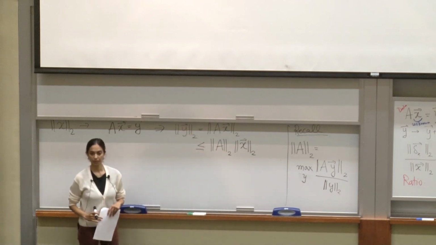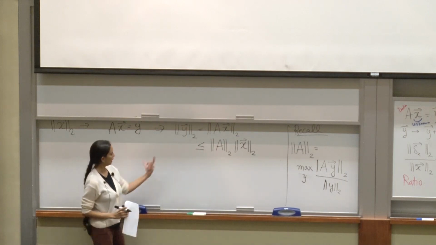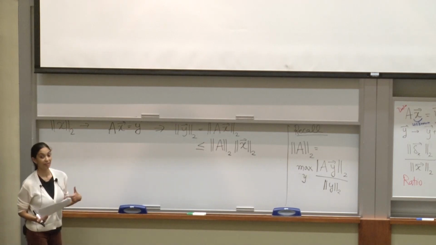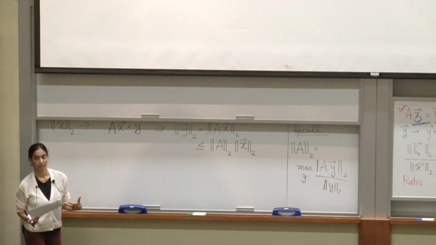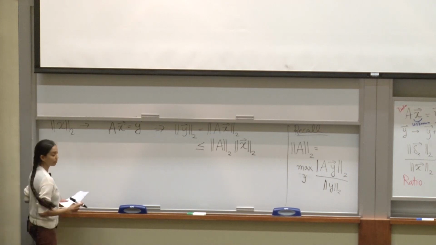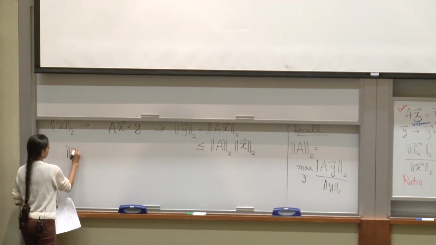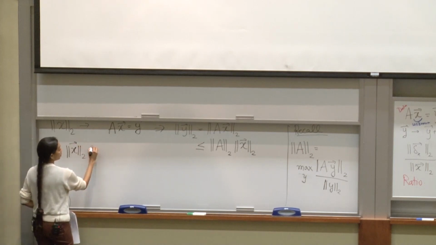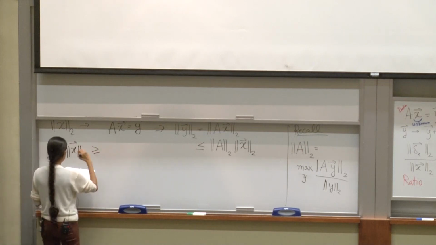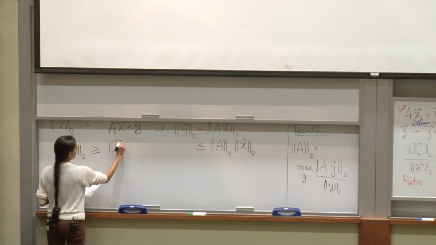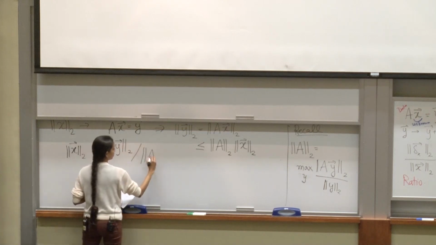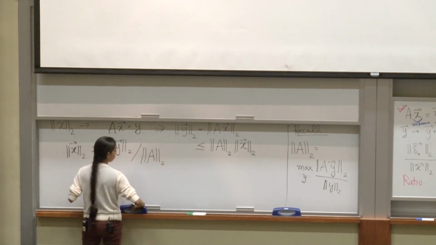Does this give me an upper bound or a lower bound on the norm of x? A lower bound, which is what I want. So I can write that the 2 norm of x is greater than or equal to the 2 norm of y divided by the 2 norm of A.